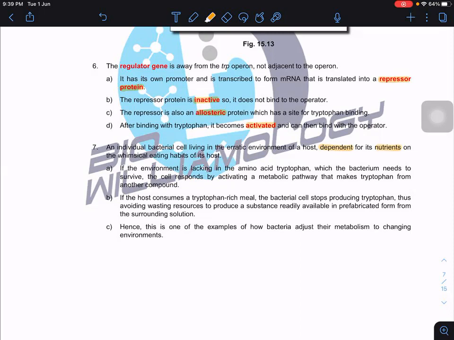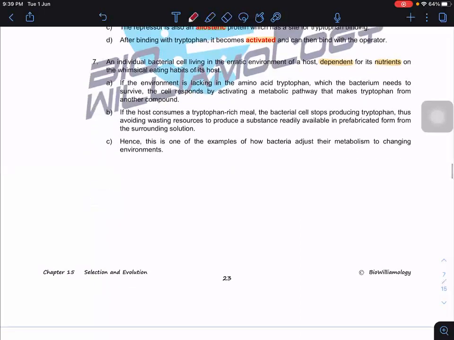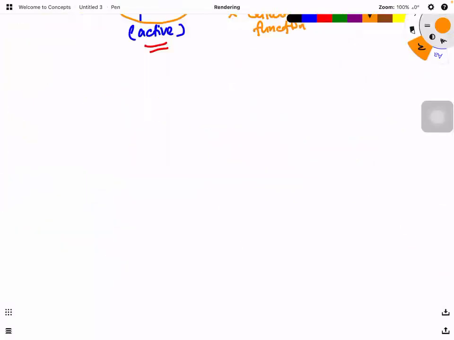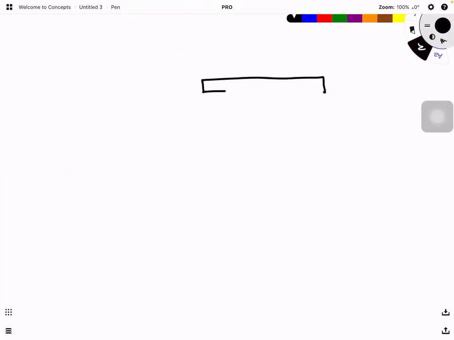Okay, so what does this mean? Now look at this. Let me do this quickly. This is the structural gene for the tryptophan operon. SG stands for structural gene.